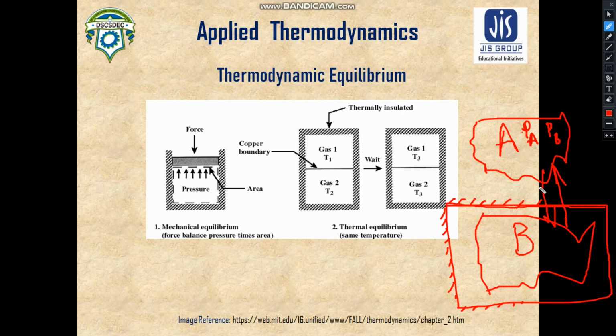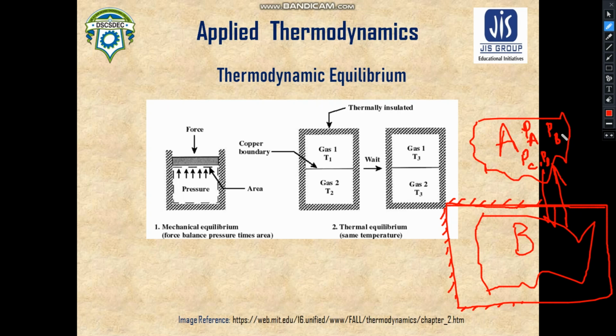When we isolate this system from the surroundings, obviously after some time we'll realize that these property values will reach some different values, and it should be understood that these PC and PD values are the values of equilibrium.